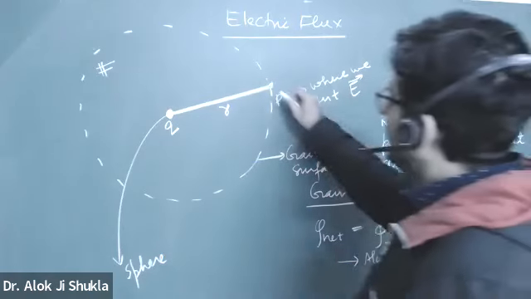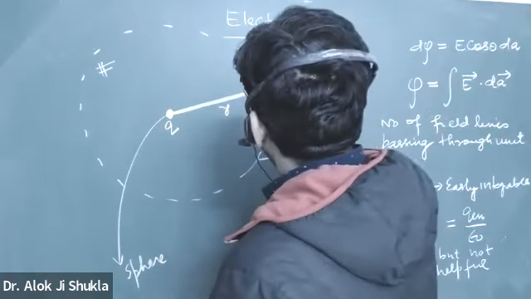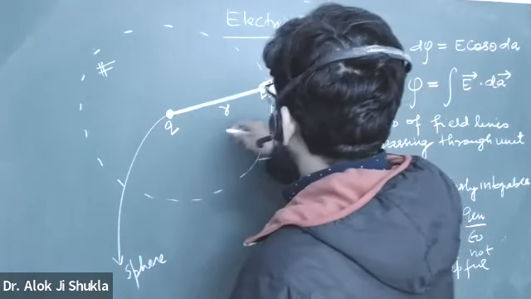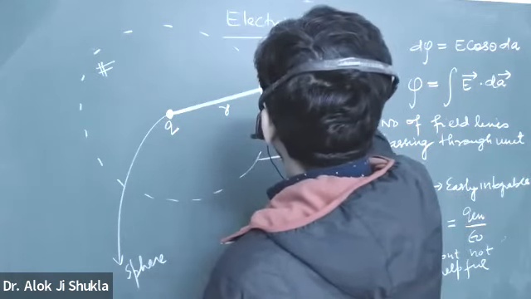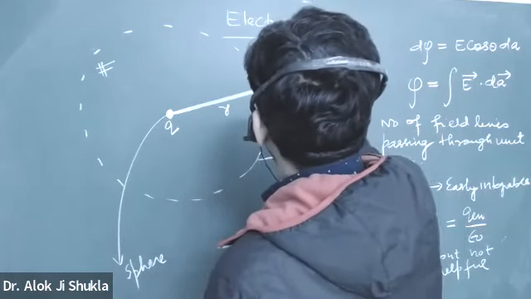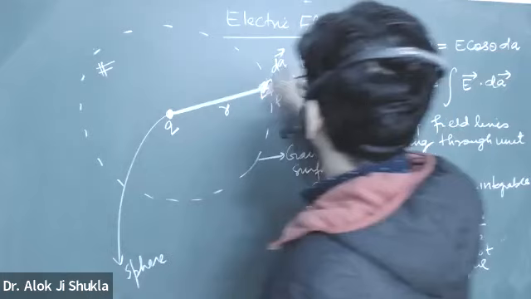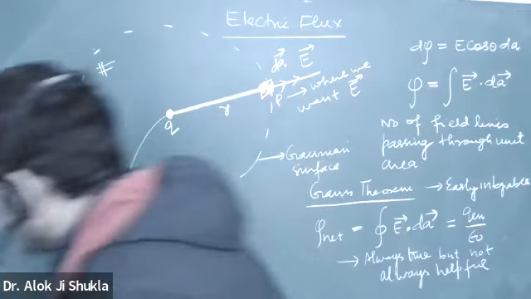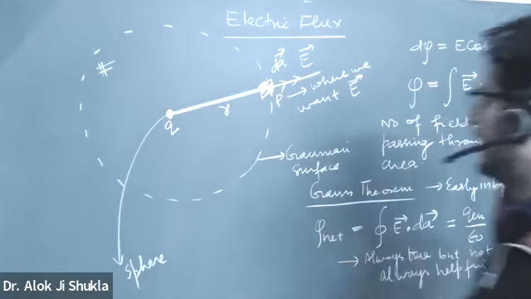So if you take a small area like this on this surface, because of this, the field and area both are in the same direction. Please see. The field and the area both will be in the same direction.